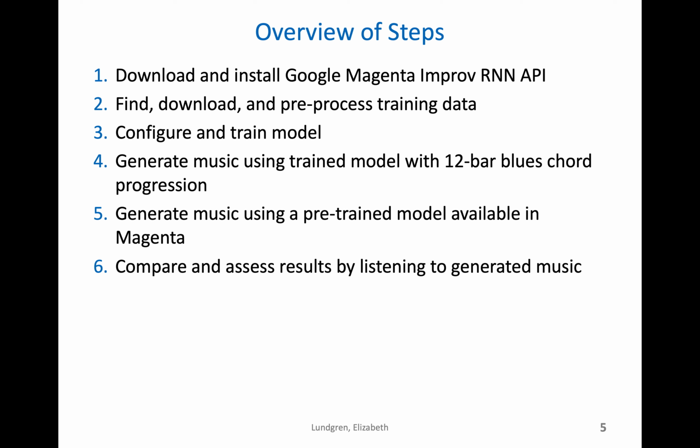I'm then going to compare the two results, the trained model and the pre-trained model, and also the results of using different initial conditions. I'm going to use the same 12-bar blues chord progression for all of my instances, but for each model, trained and pre-trained, I'm going to generate music with an initial condition of a single note and also an initial condition of a longer melody.